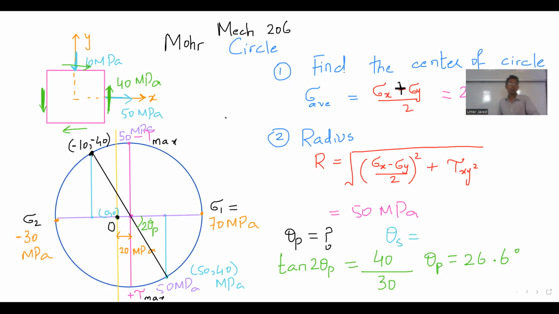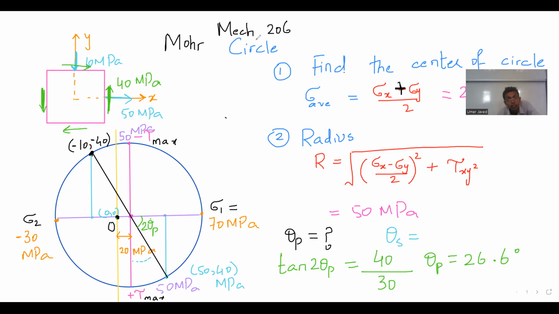Give me the plane of maximum shear stress, theta s. How would you find it? This is the black line, right? The one where your stress is given to you. Where is the plane of maximum shear stress? This line, the pink line. So this will be your theta s, right?